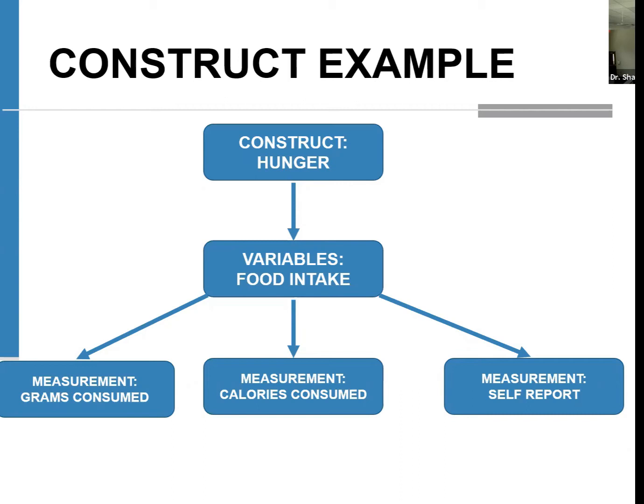That's why we focus on hunger as a construct. This model here is showing you that they decided to measure the construct of hunger based on food intake. That's how they decided to define their construct.